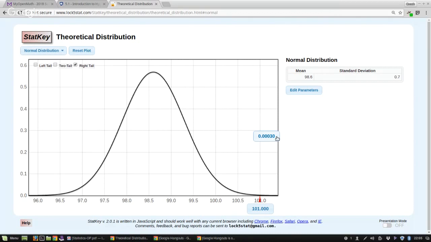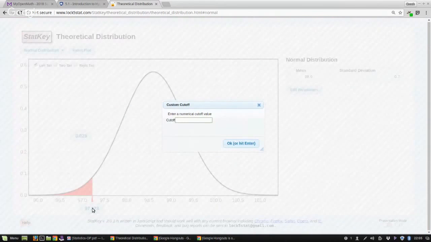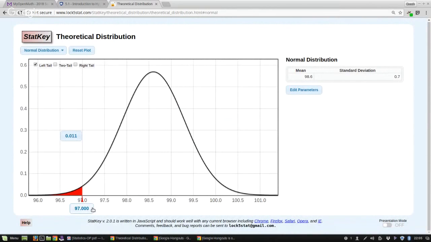So there are good reasons to look at the distribution of certain measurements, and body temperature is a great one. So again, this is the normal distribution calculator, and you can do left tail tests and right tail tests, and you can plug in a number that you're interested in, like in this case, if I type 97, what percent of people would have body temperatures that are 97 degrees Fahrenheit or less?